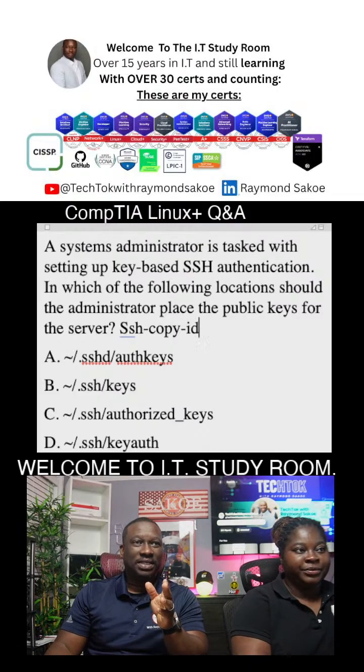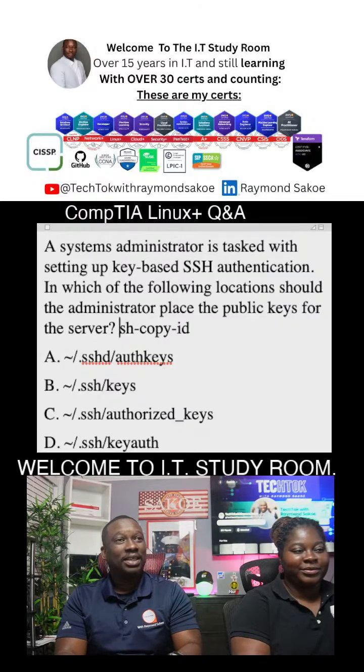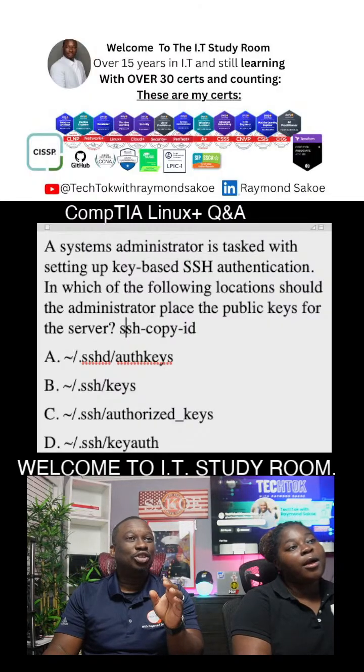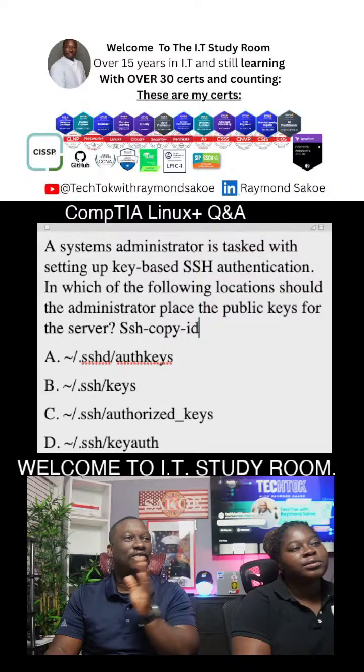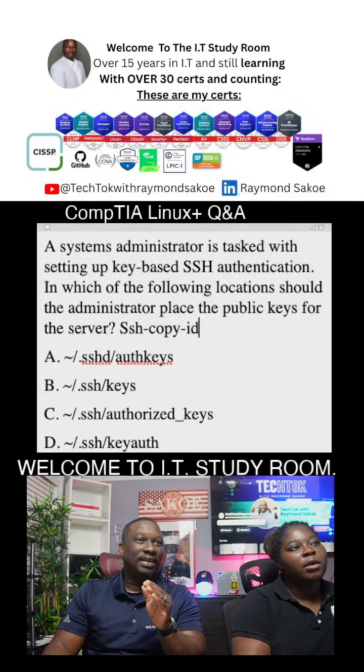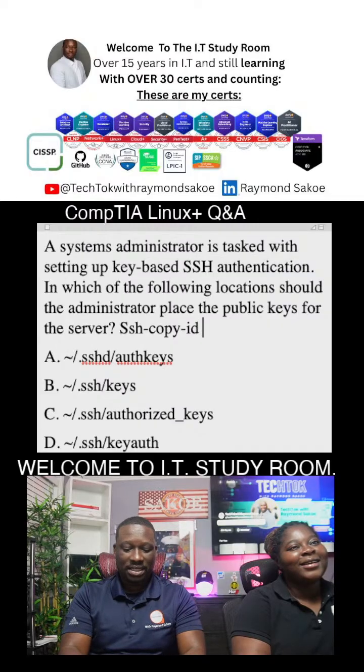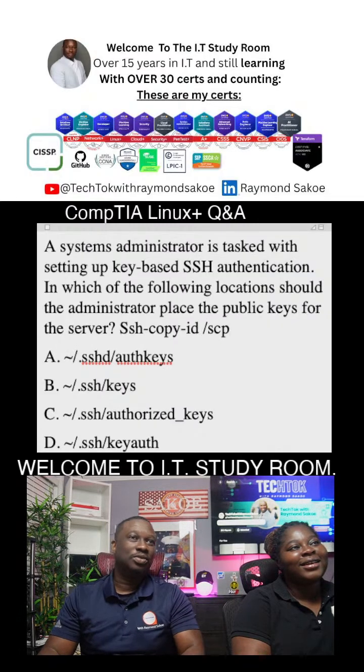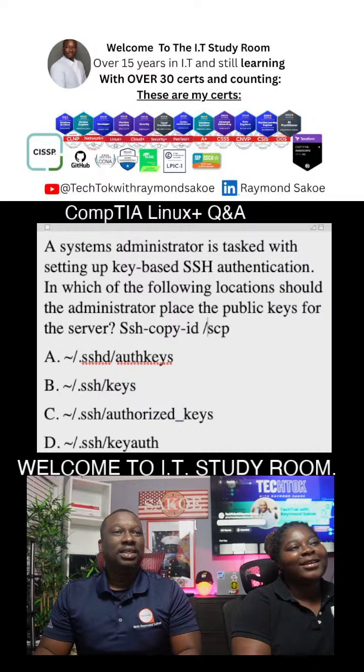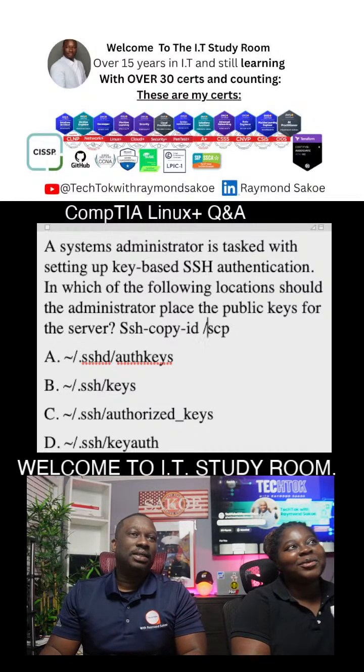I think we've seen that before, right? I think the question was, how can you transfer a public key to a remote system? And then it's this, and then I think scp. Those are the two commands you can use to copy or move.